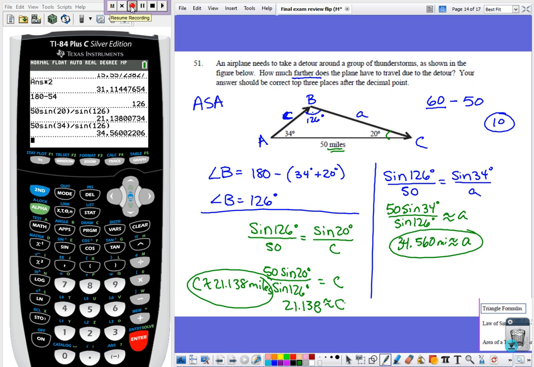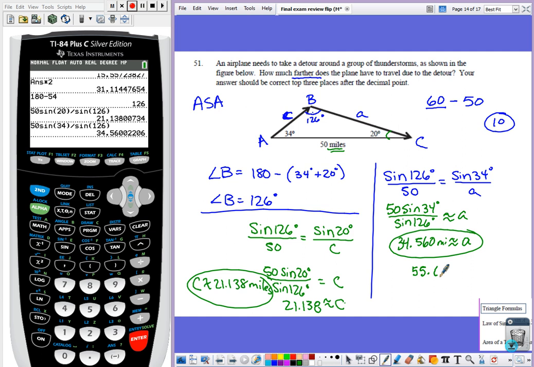Okay, so now we need to figure out, well, what was the question even asking us? We want to know how much farther the plane has to travel. It was going to have to travel 50 miles, and now in total it's going to have to travel 21.138 plus 34.560. If we add those together, we get 55.698.